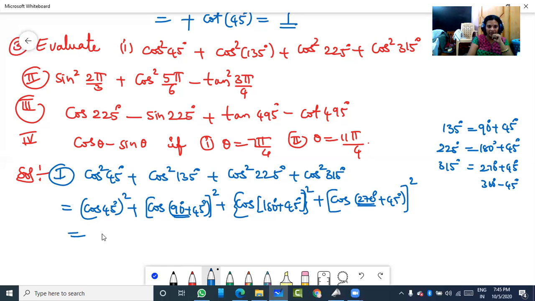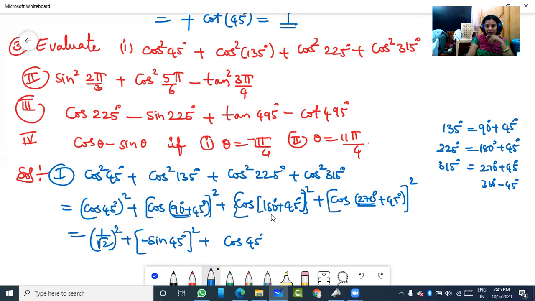So cos 45 degrees is 1 by root 2 whole square plus cos means it is sine. Cos in the second quadrant is minus sine 45 degrees whole square plus for cos 180 cos will get cos 45 degrees.